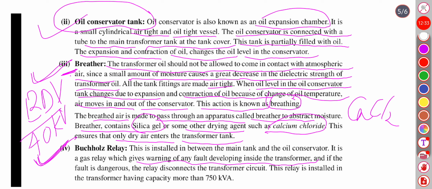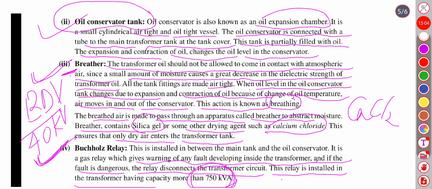That is called incipient fault or internal fault. And if the fault is dangerous, the relay disconnects the transformer circuit. This relay is installed in the transformer having capacity more than 750 kVA, and it is a mandatory device if the transformer rating is more than 750 kVA.